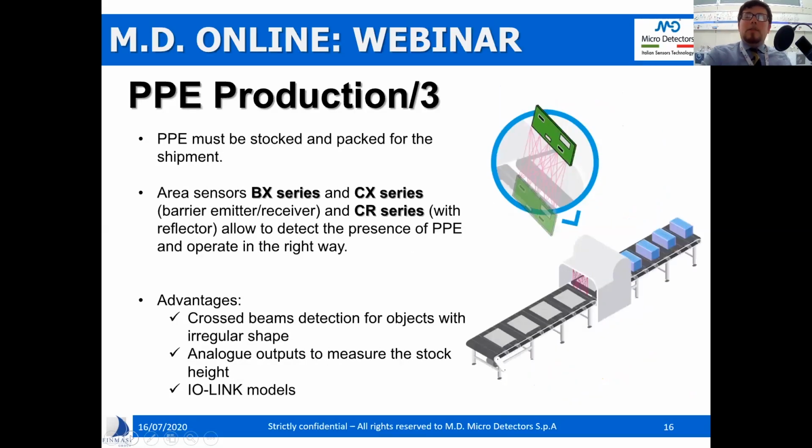Last but not least, we can see this further application in a plant producing the PPEs during the terminal phase, where we have to stock, to pack and ship these equipments. Here we can observe a conveyor where these products are transported towards the shipment department.